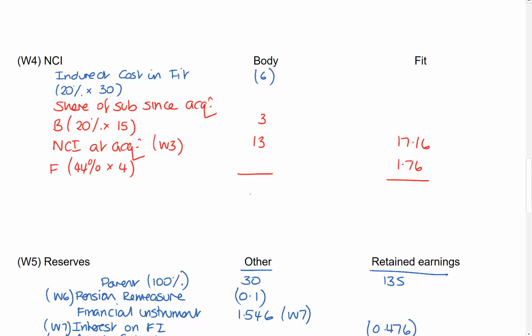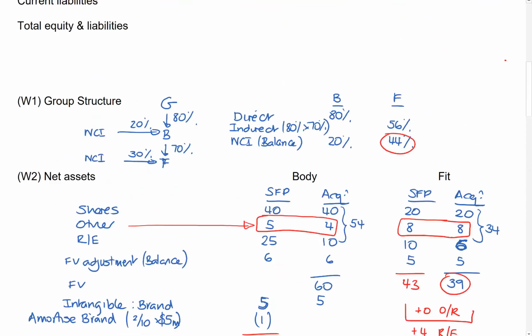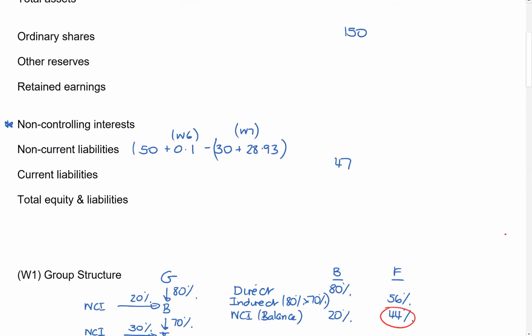So you end up with an NCI total of 10 and 18.92, which is a grand total of 28.92. That's working number 4.